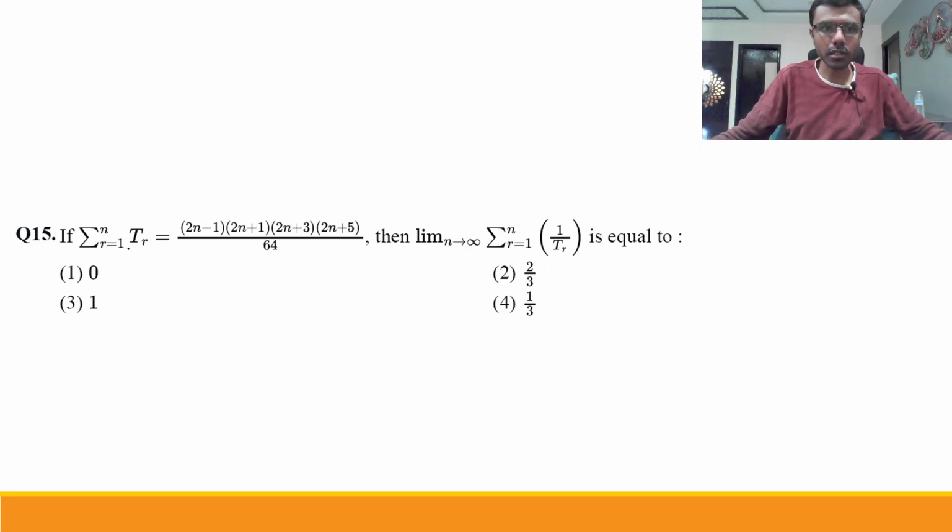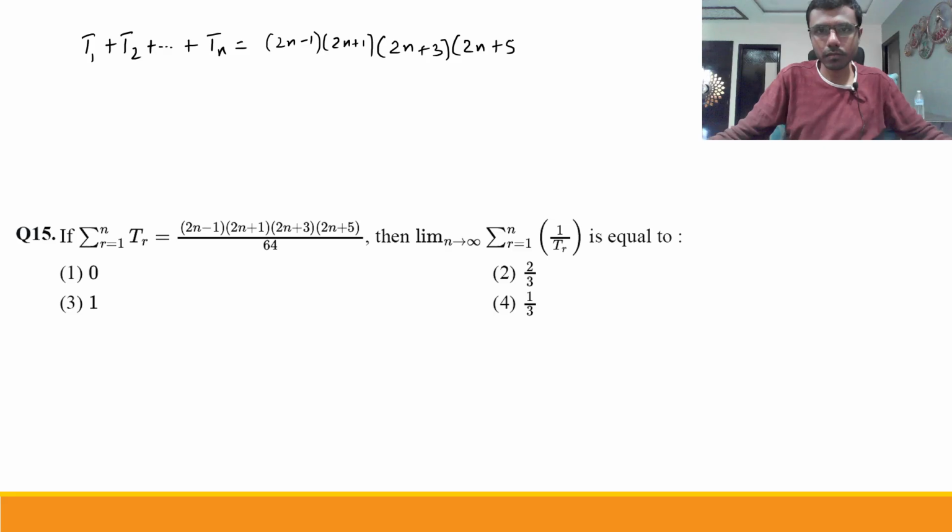It means t1 plus t2 and so on till tn is equal to (2n minus 1) into (2n plus 1) into (2n plus 3) into (2n plus 5) by 64.